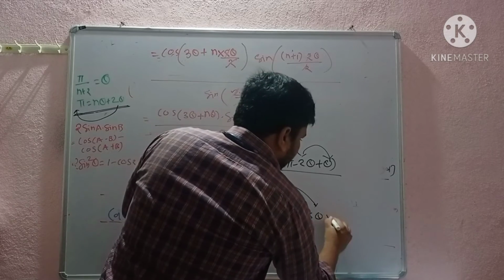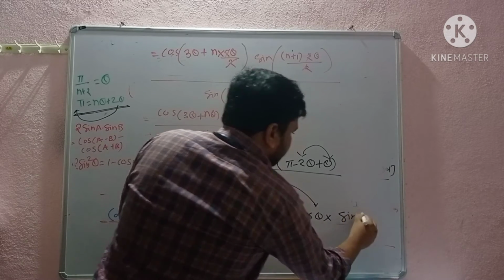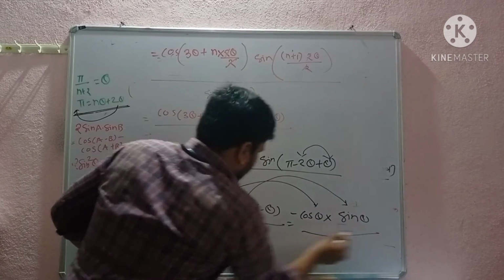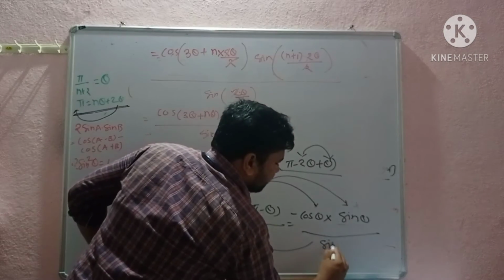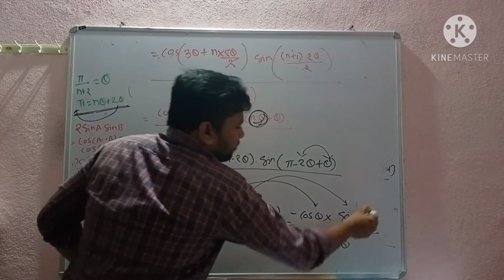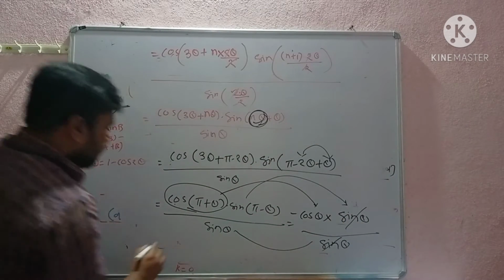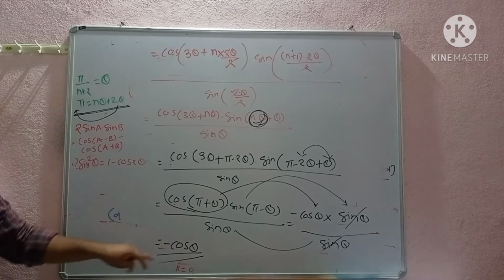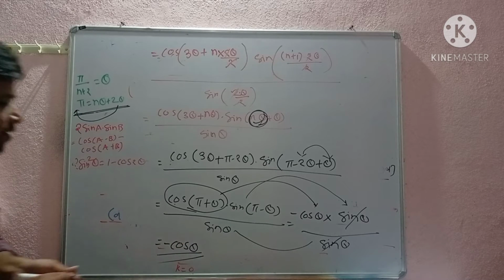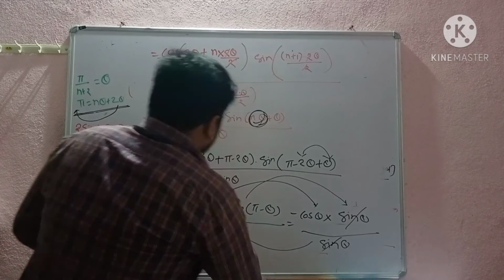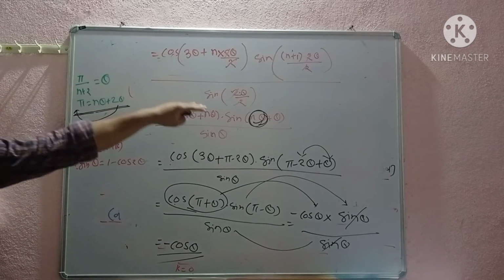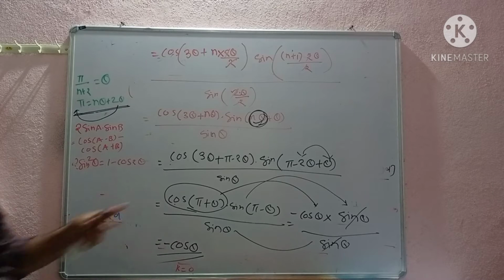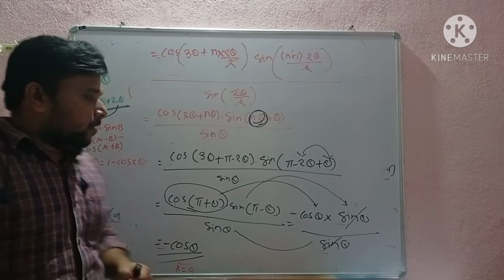Sin (pi minus theta) is nothing but sin theta, and the denominator is as it is, sin theta. So cancel out these terms. What is remaining here is minus cos theta. This is the numerator simplification. Now we will simplify the denominator, which was mentioned earlier.